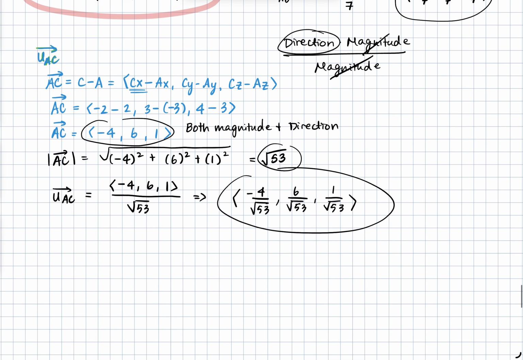So that is going to be F1 equals negative 100 over 7, comma 300 over 7, comma negative 150 over 7.